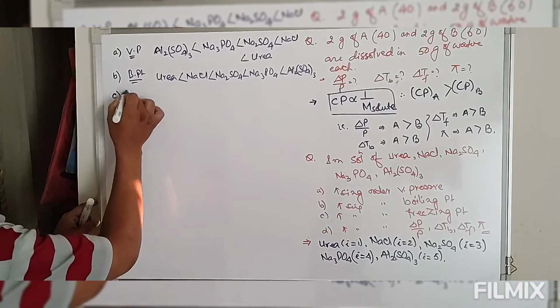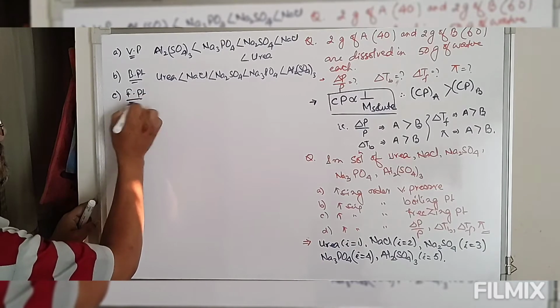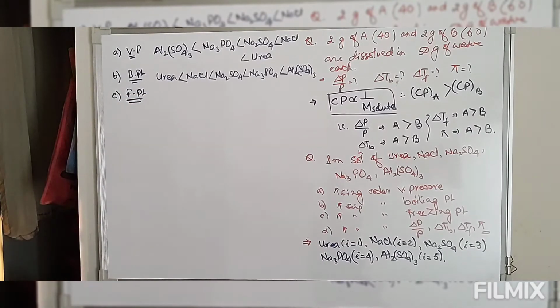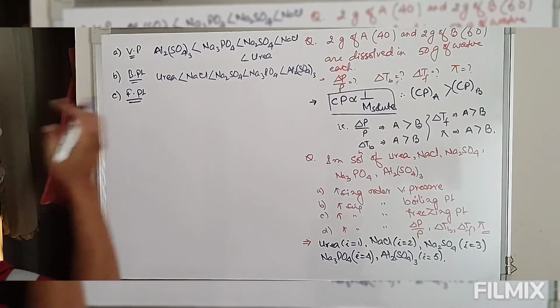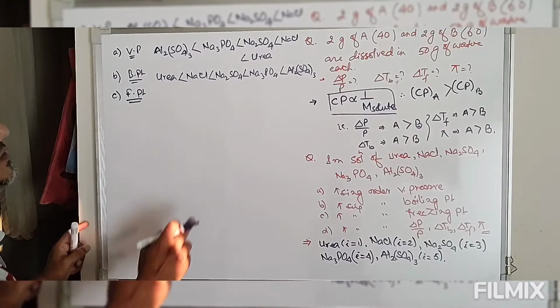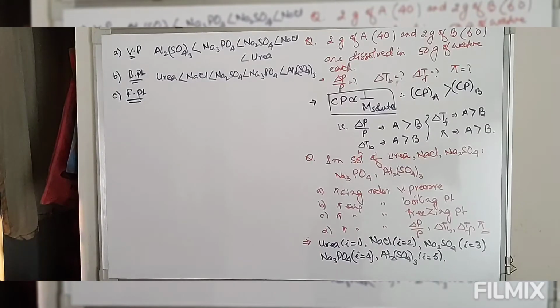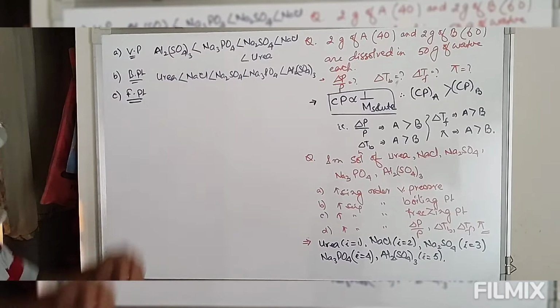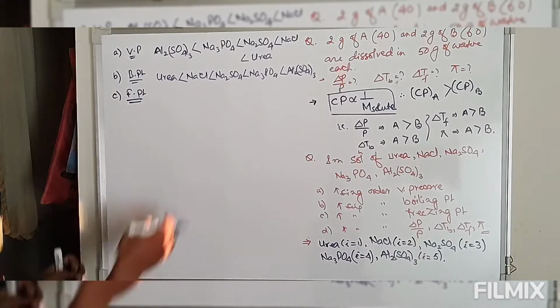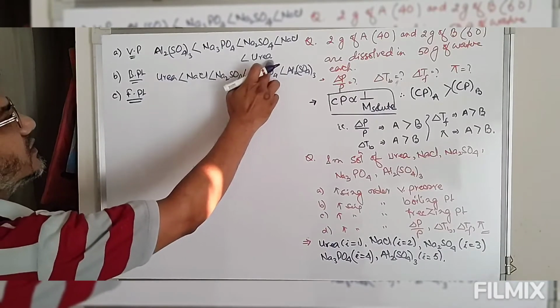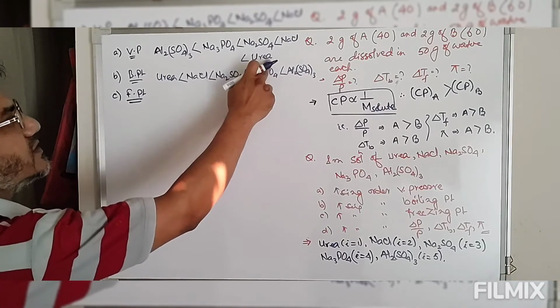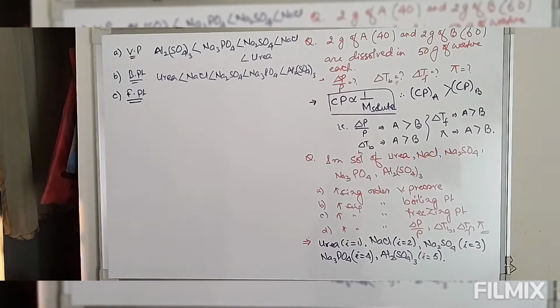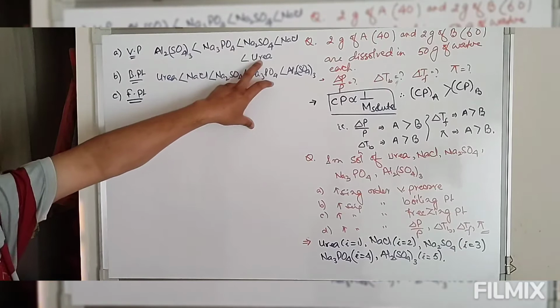So in case of freezing point, the one having the highest value of freezing point, the solution will freeze at a much higher temperature. Now look at this, urea is the one having the maximum value of vapor pressure.